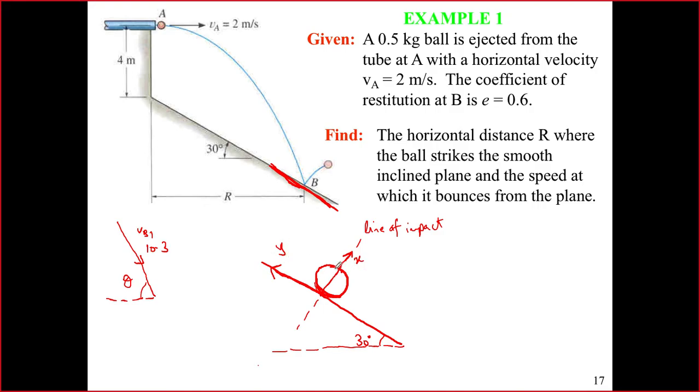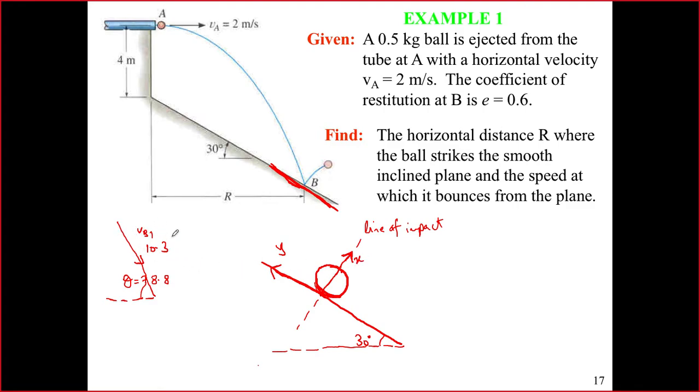The reason is that along the line of impact and perpendicular to the line of impact we have different pieces of information, and we want to define coordinates so that we can easily represent that information. Now, because this theta I had calculated to be 78.8, let me define VB1 along these x and y coordinates.